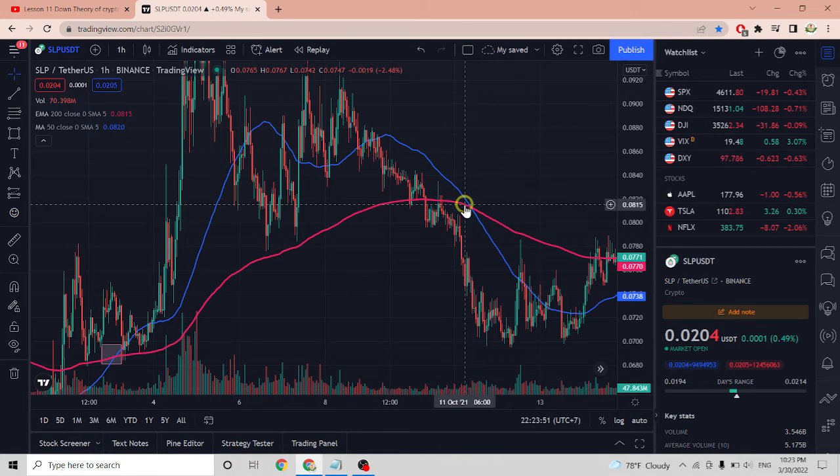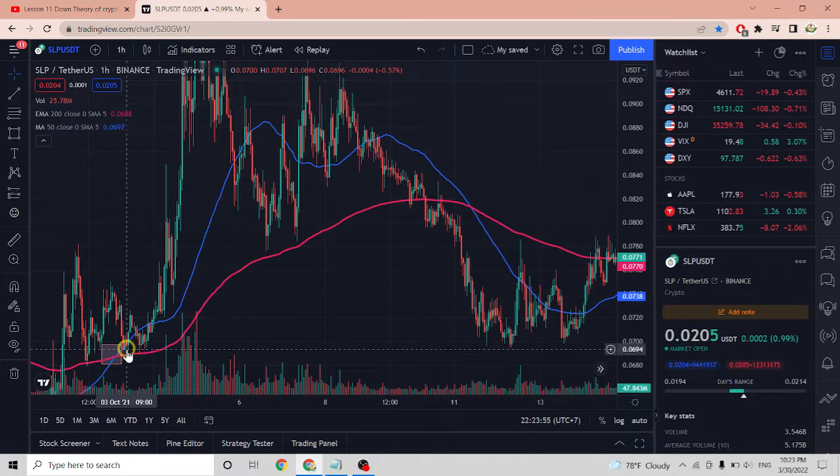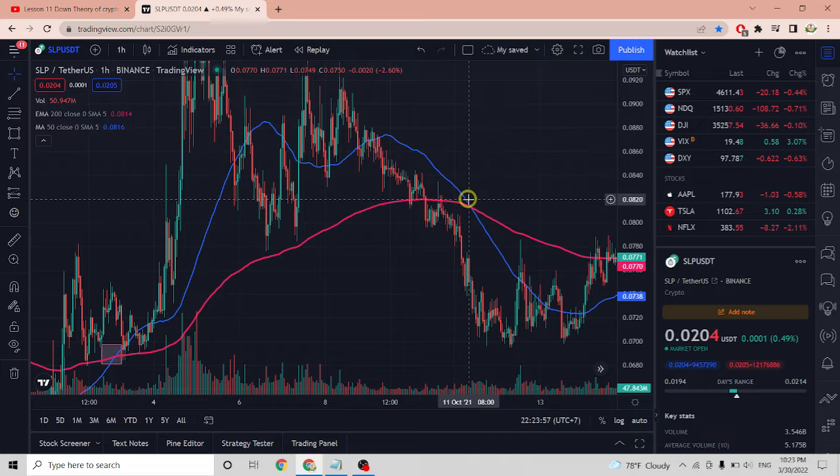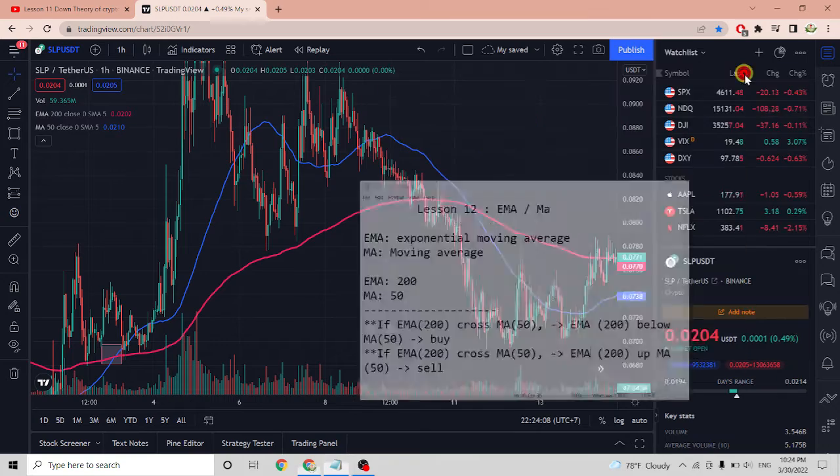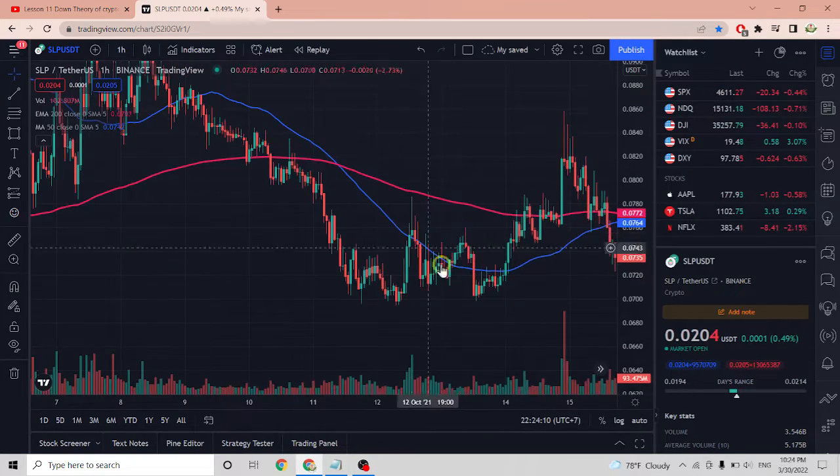So you can sell here. You still get income because you bought here at 0.06 and you sell at 0.08, so you can get income. That's cool, yeah.